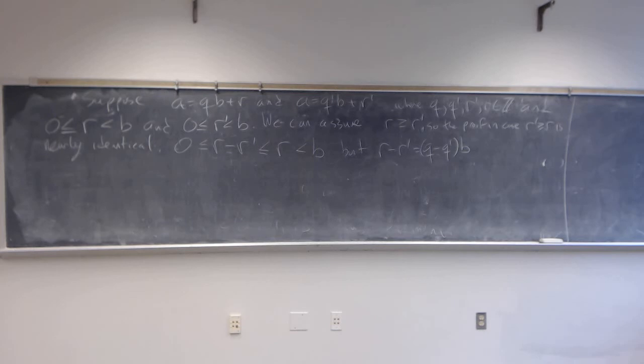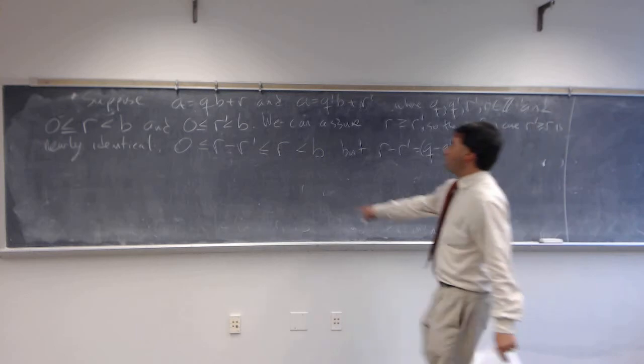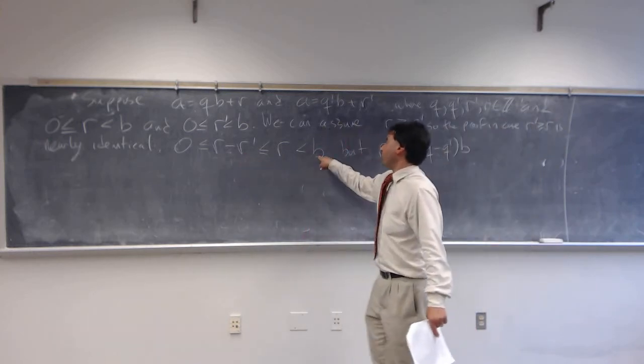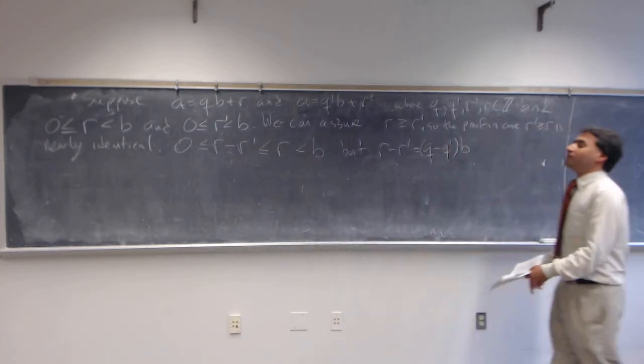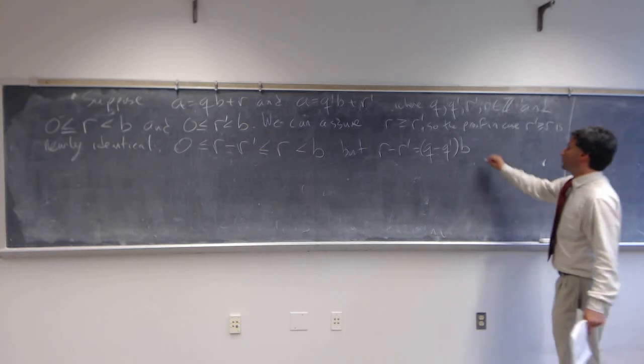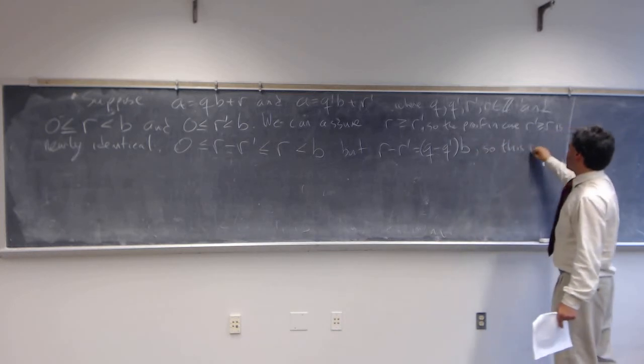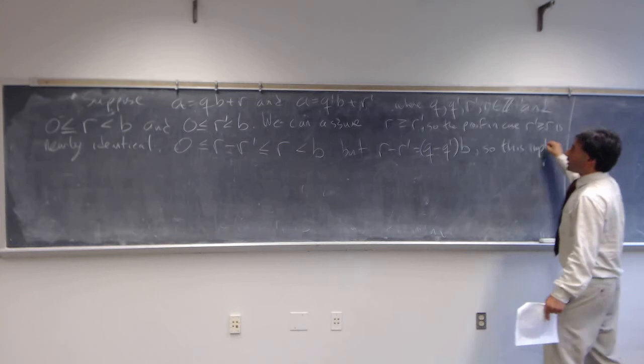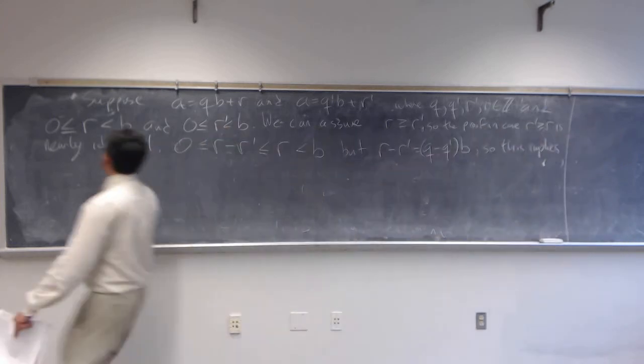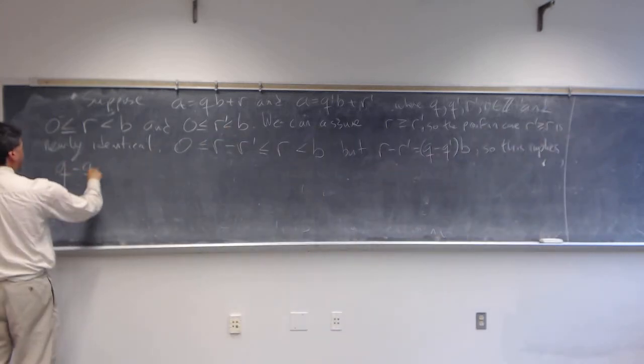So the only way a number greater than or equal to 0 could be a multiple of this number is if that multiple was 0. So again, this implies that Q minus Q prime is equal to 0.